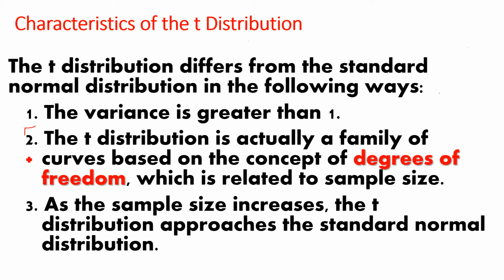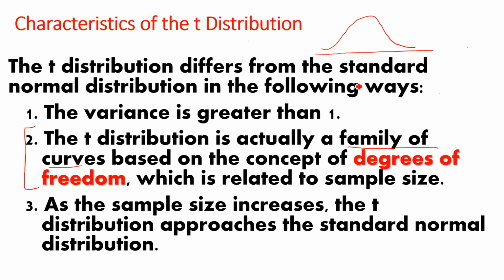So this point is one of the most important points, and I have to explain the meaning of it. It says that the T distribution is actually a family of curves. So the first thing is a family of curves. What is the meaning of this? In our normal distribution, we make only one curve like this, and here suppose is our x-axis.